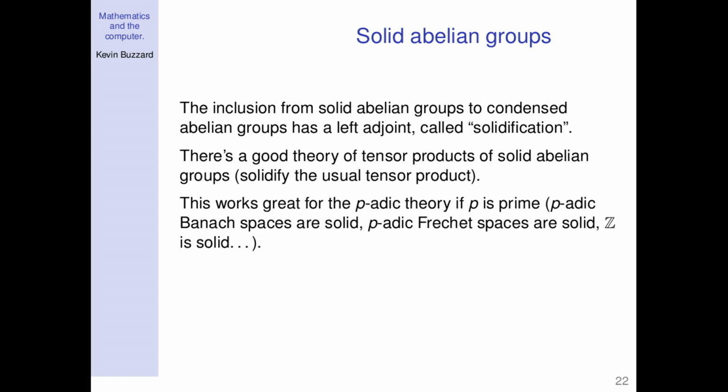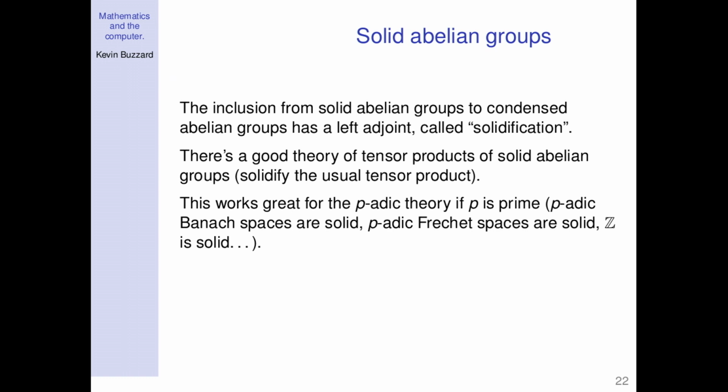But there's a big problem, and the big problem is that it works great for p-adic numbers. For p-adic Banach spaces, these things are really easy to prove. How do you get a p-adic Banach space? You take the integers, those are solid, and then I could do the p-adic completion of the integers.